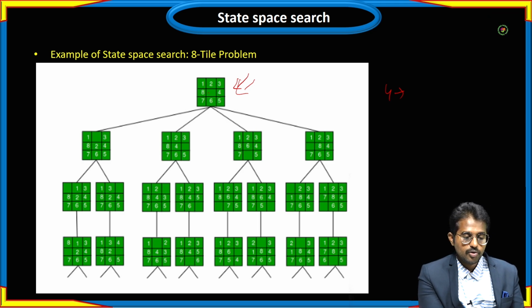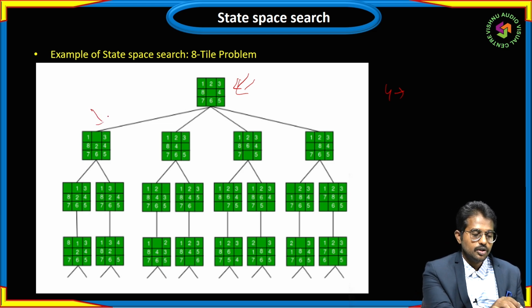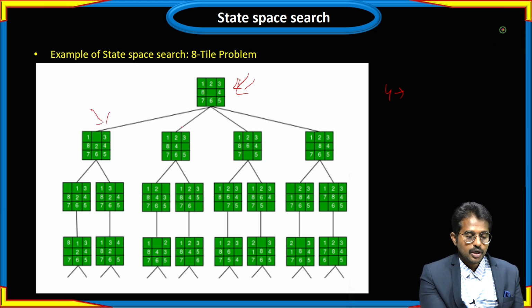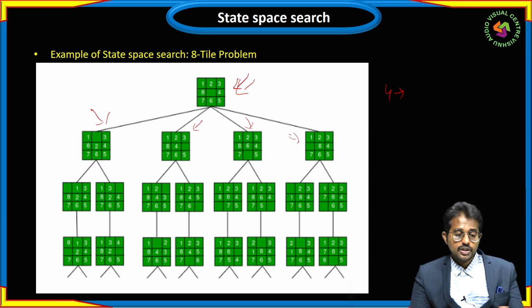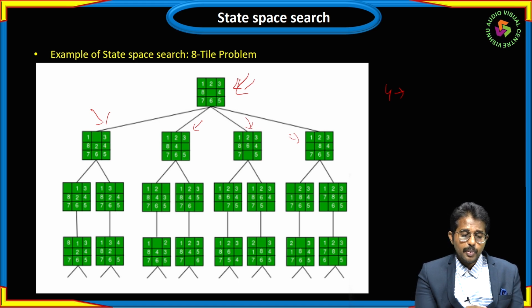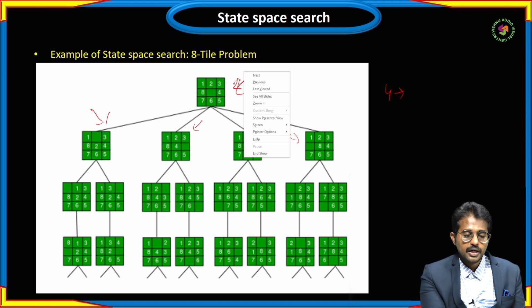In this one, 2 was moved down, in this state 4 was moved left, in this state 6 was moved up, and in this state 8 was moved right. So these are the possible states, the reachable states for this particular state.